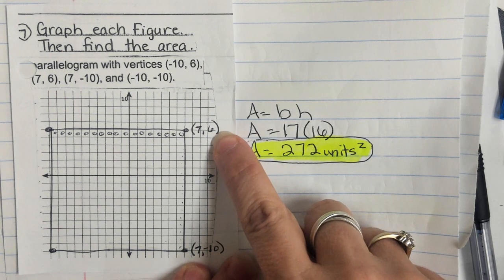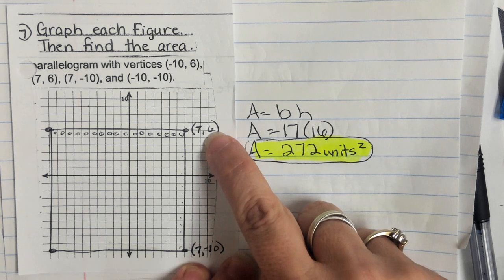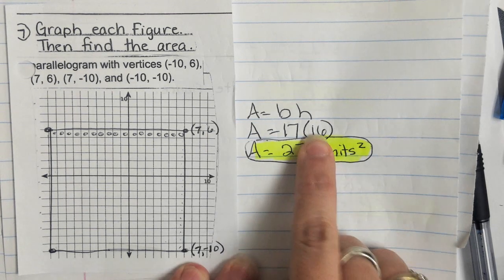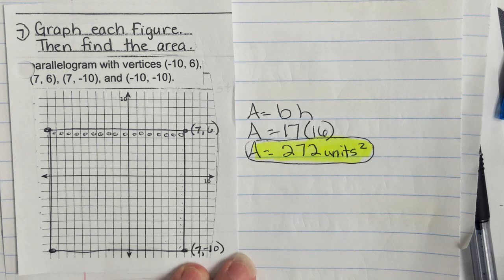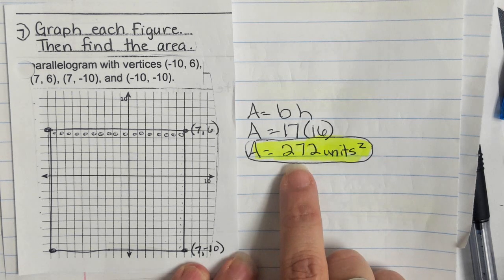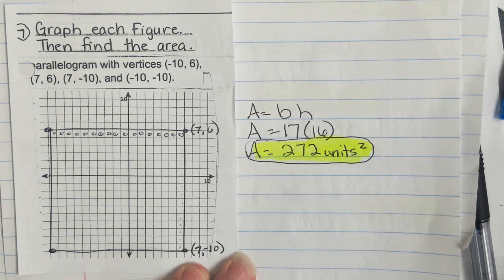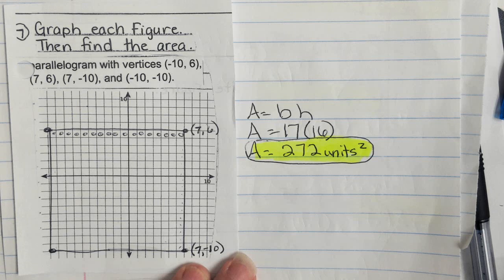Then I even did the points. If it's 6 up and 10 down, 10 plus 6 is 16. I kept checking it, I guess. I use that formula because it's a rectangle. It looks like 17 by 17, but you can't assume.